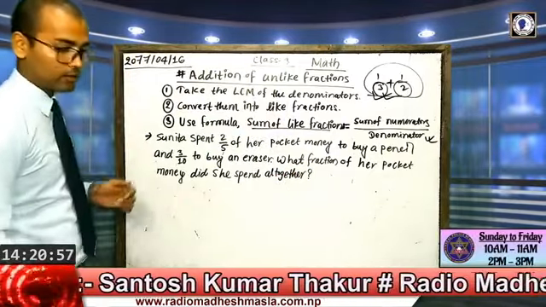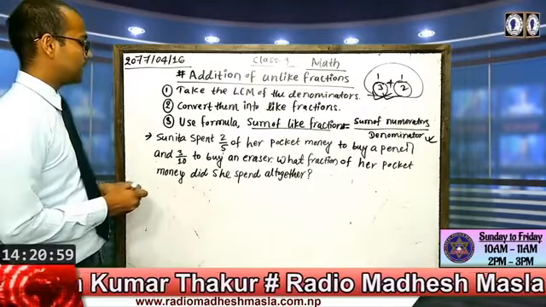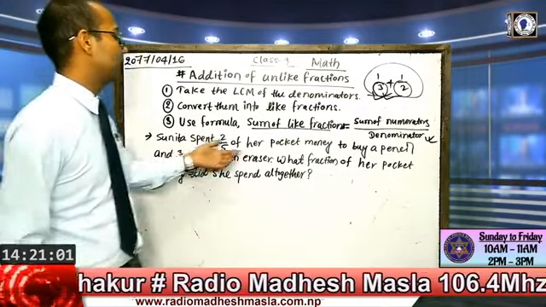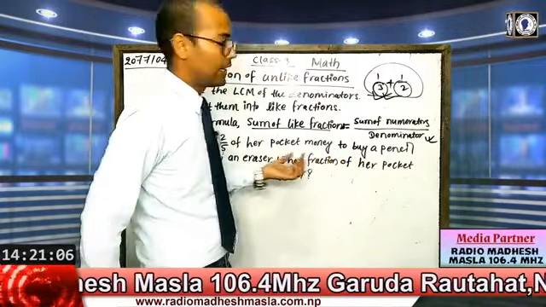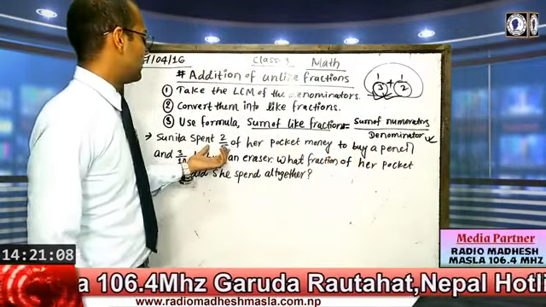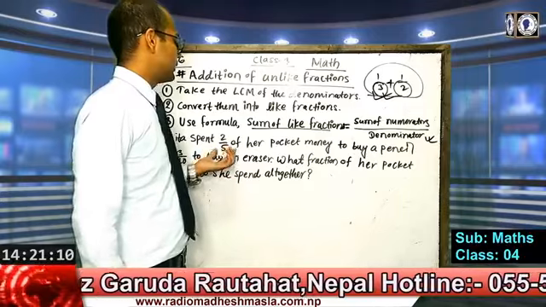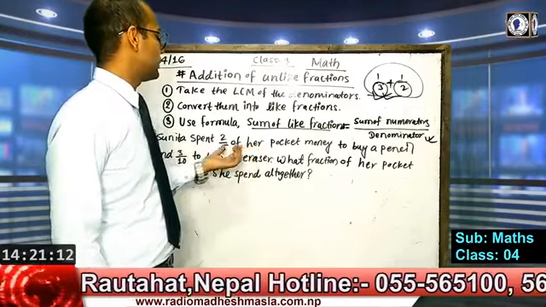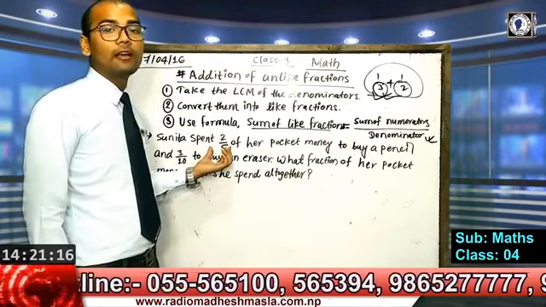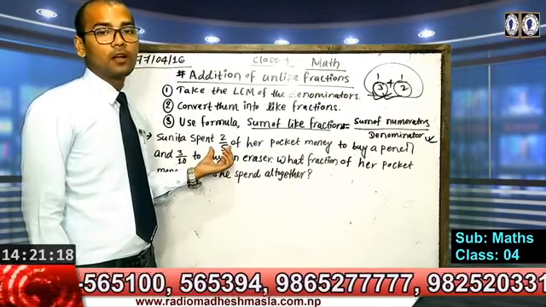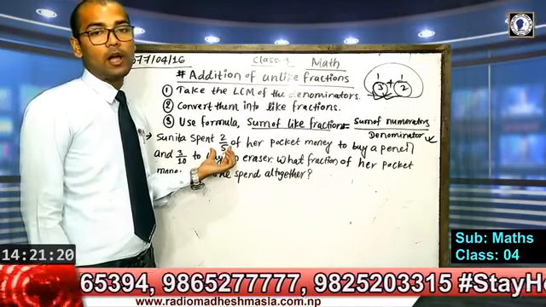So we have the question here. Sunita spent 2 by 5 of her pocket money to buy a pencil. So here we can find how much money Sunita spent to buy a pencil. Yes, she spent 2 by 5 of her pocket money to buy a pencil.